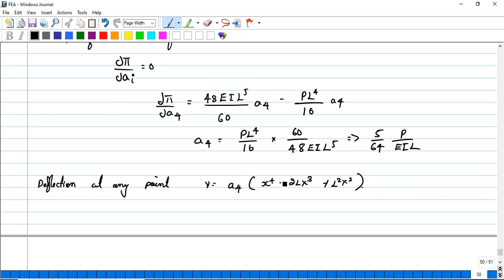So this is the equation. If I substitute the value of A4 here, I will be getting 5 by 64 into P by EI L into x raised to 4 minus 2L x cube plus L square x square.